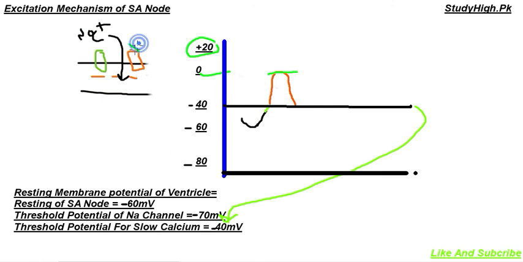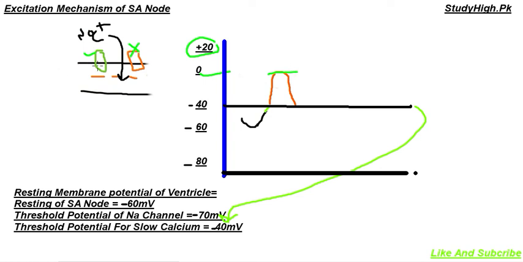And the sodium channels, as I have explained earlier, always remain closed because the resting membrane potential of the SA node is minus 55 to minus 60, which is also the inactivation potential of fast sodium channels. Then the potassium channels will open.